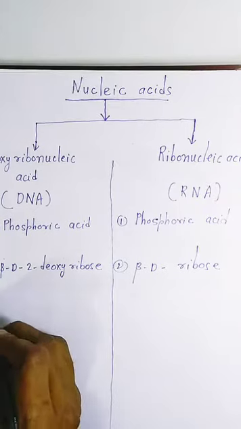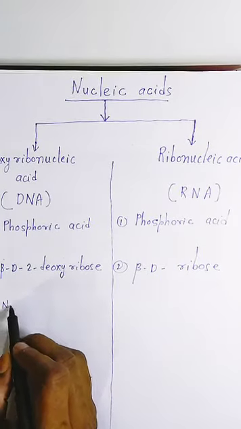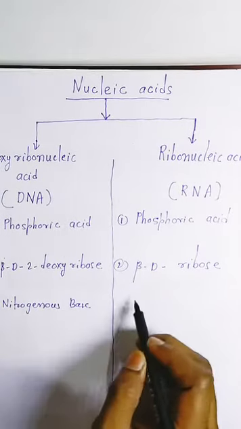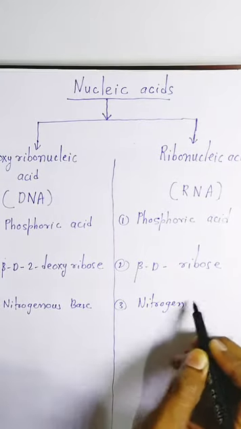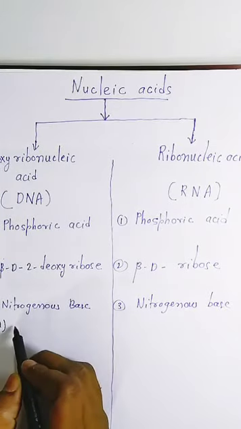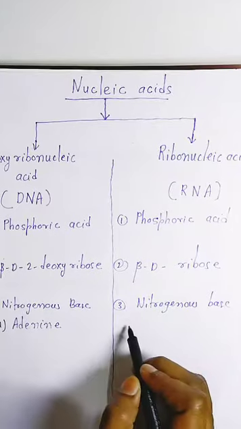Now students, nitrogenous bases. It is also made up of nitrogenous bases. The first nitrogenous base here, students, is adenine. In DNA you will find adenine, and in RNA also you will find adenine.